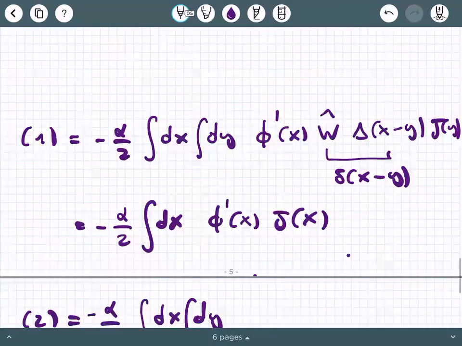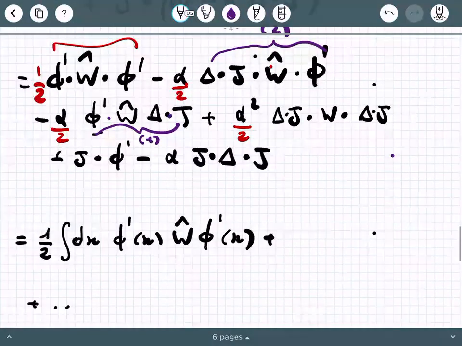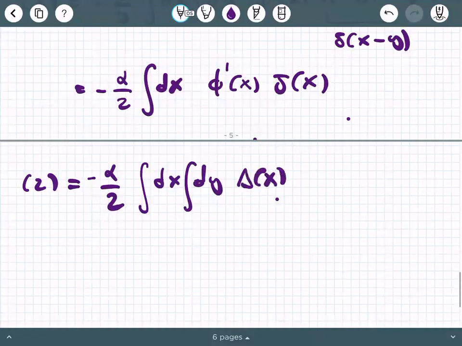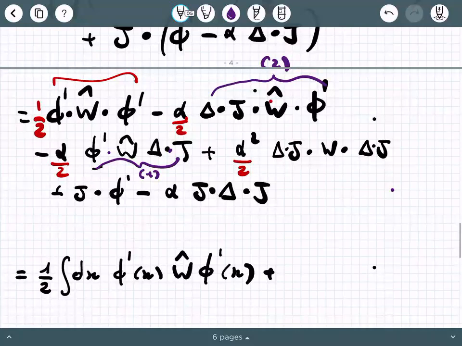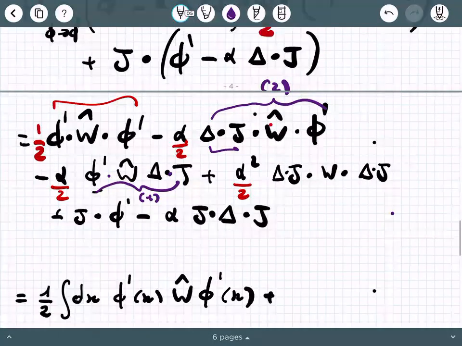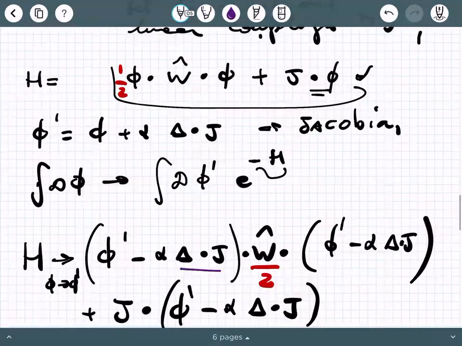Let's go back and look at it. It's delta of x minus y, J of y, because this comes from here, which is a function of x.